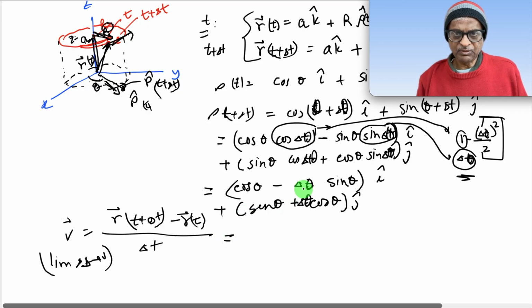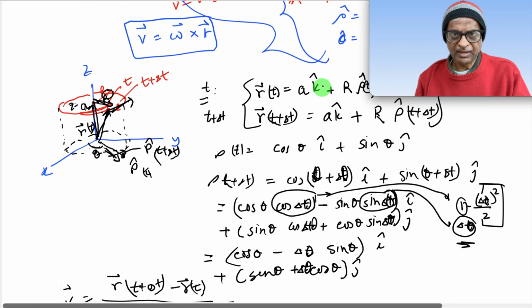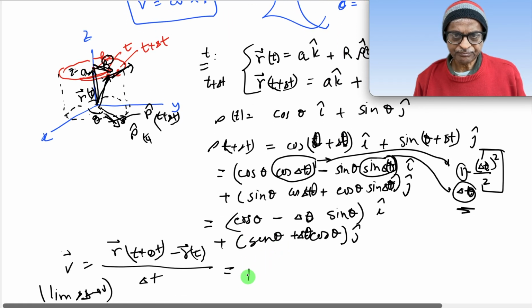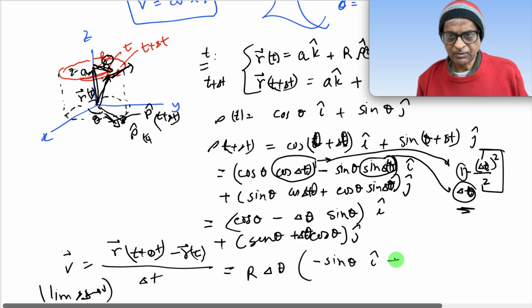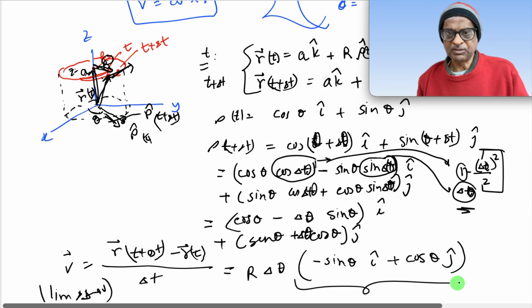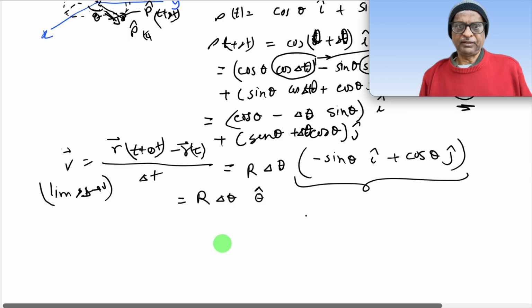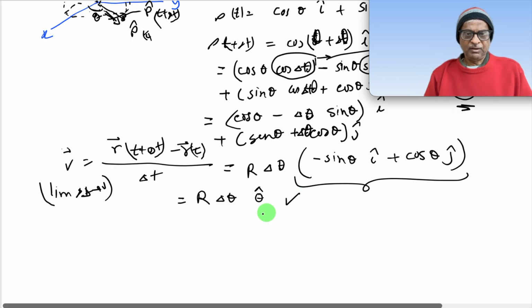Only these terms will survive, the others will cancel out, and we have r times delta theta times minus sine theta i hat plus cosine theta j hat, and this is what theta hat is. So this is r delta theta theta hat, as we expect. All right.